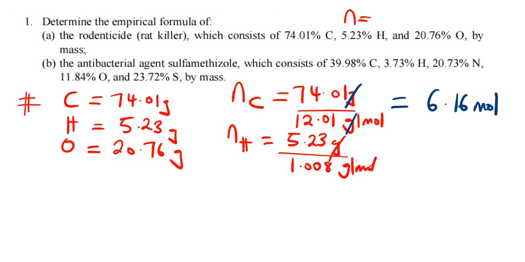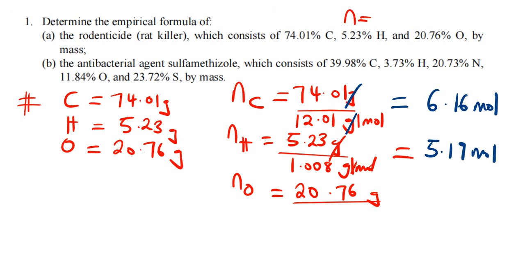The grams cancel, so 5.23 divided by 1.008 gives 5.19 moles. Then for oxygen, the mass is 20.76 grams, divided by the molar mass of oxygen, about 16.00 grams per mole.